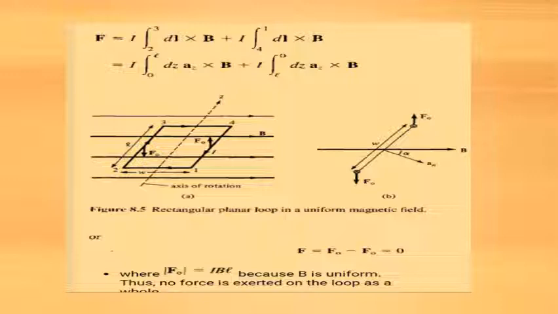First, it starts from force F naught upward, from 0 to L, where L is the length of the rectangular loop. And again L to 0, which is the return force, given as this. The resultant force F equal to F naught minus F naught, that is equal to 0, and F naught is taken as IBL.